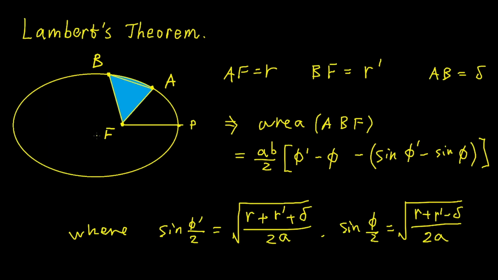Finally, we have the full statement of Lambert's theorem. Given the three side lengths of the triangle ABF, as well as the axis length of the ellipse, we can calculate the area of the elliptic sector ABF. The formula involves the intermediate variables phi and phi prime, which are calculated from those aforementioned distances.